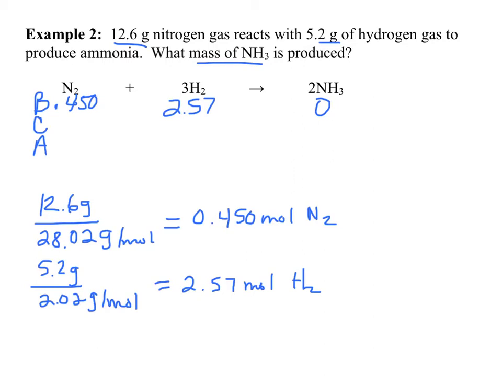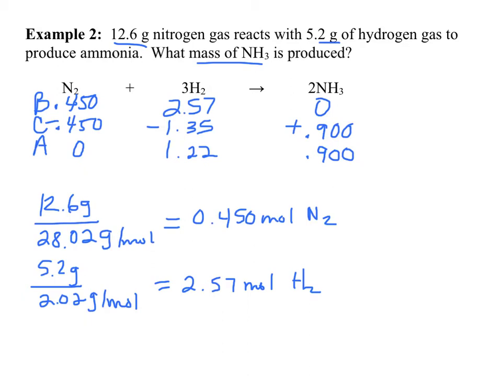If I choose the nitrogen as the limiting reactant, it all reacts and reacts 1.35 moles of hydrogen, leaving 1.22 moles of hydrogen remaining. I then also know that the ammonia produced is 0.900 moles.